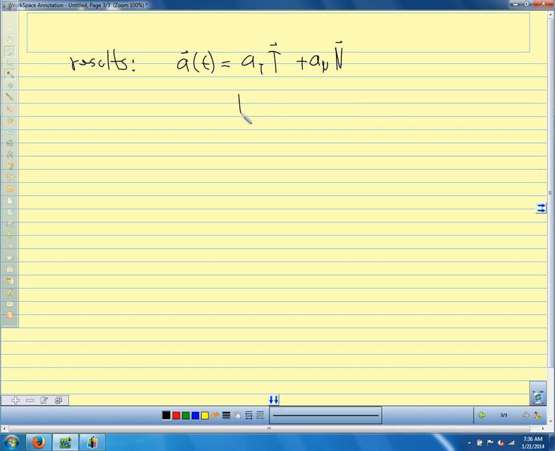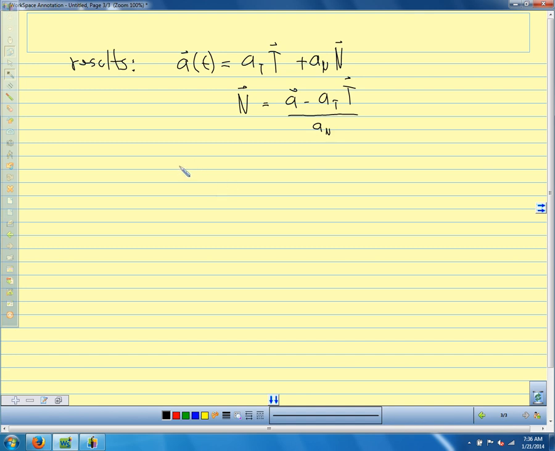So our principal unit normal vector is the acceleration minus the tangential component of acceleration times t, all divided by a sub n. This quantity is often much easier to calculate than t prime over the magnitude of t prime. And we'll come up with ways to calculate a sub t and a sub n. I'll write those down in just a second. Those come out of those vector derivations.